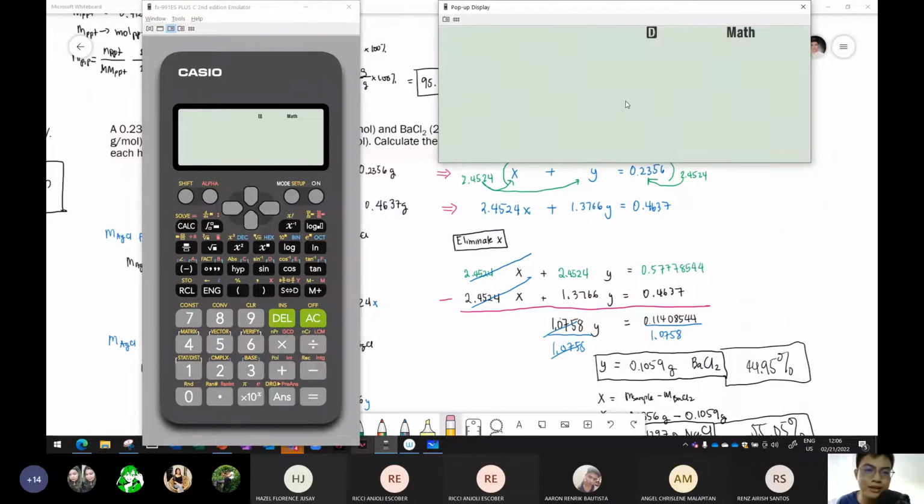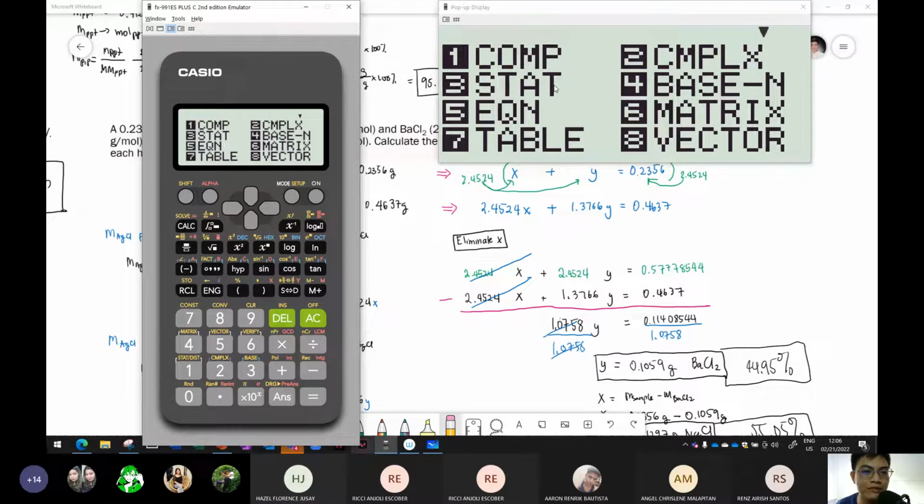For those using the 991, 570, and the calculator software, press mode, followed by the equation function, the EQN. Last time it was stat, now it's EQN. Equation.